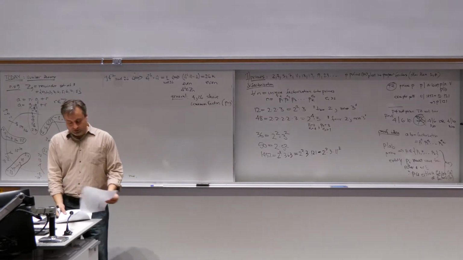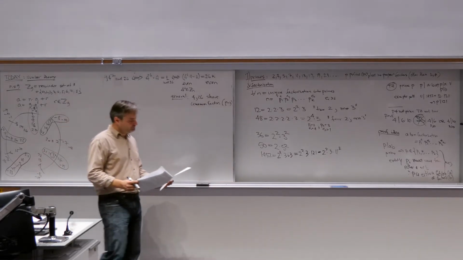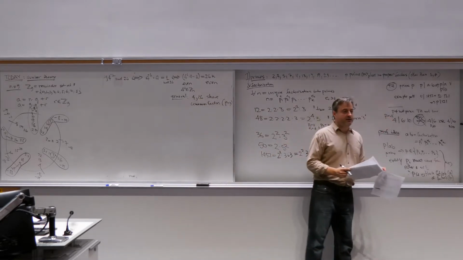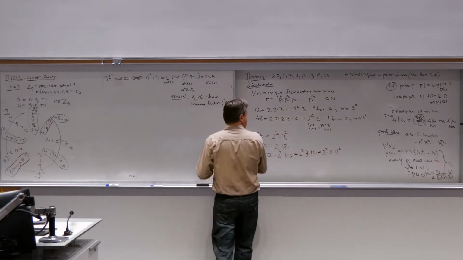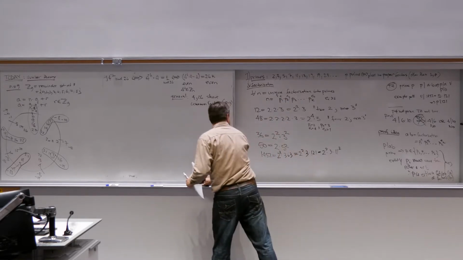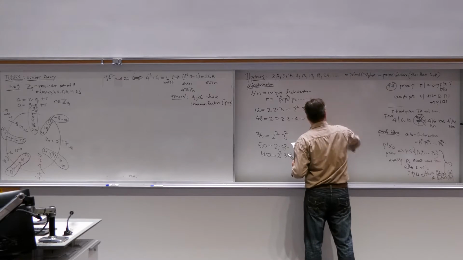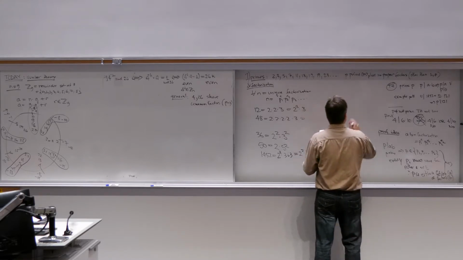So we've got factorization to work with. And we have this nice theorem here. There is another side of this theorem, which I'm going to leave as an exercise for you to think about.